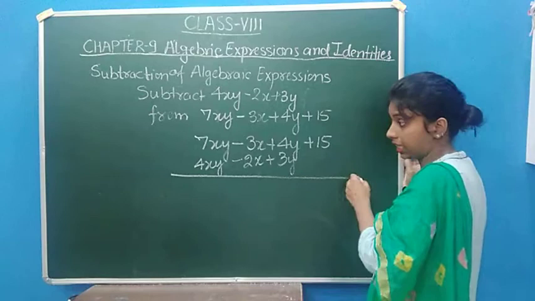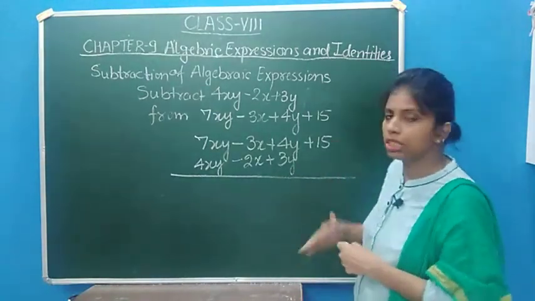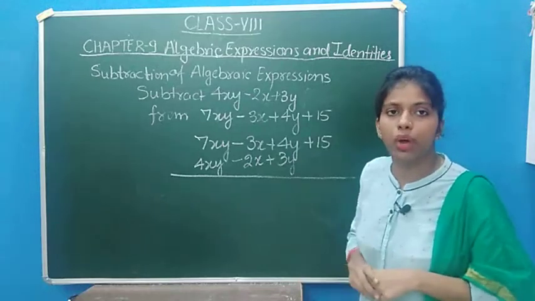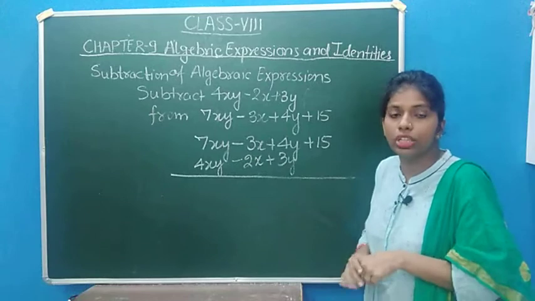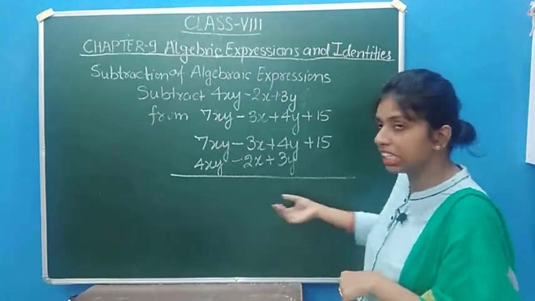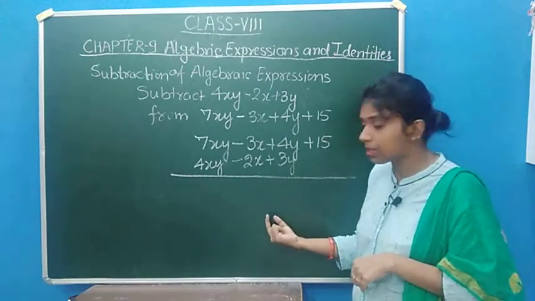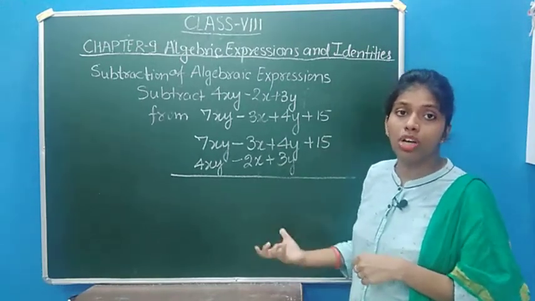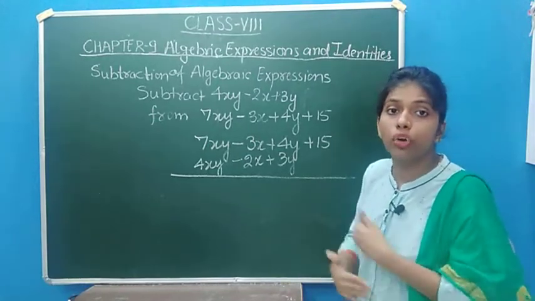It is subtraction. In addition, after arrangement we directly add, but in subtraction the sign is going to be changed, because we know that whenever we subtract any two terms, a negative sign is between them. So whenever we multiply a negative with any term, the sign is going to be changed.